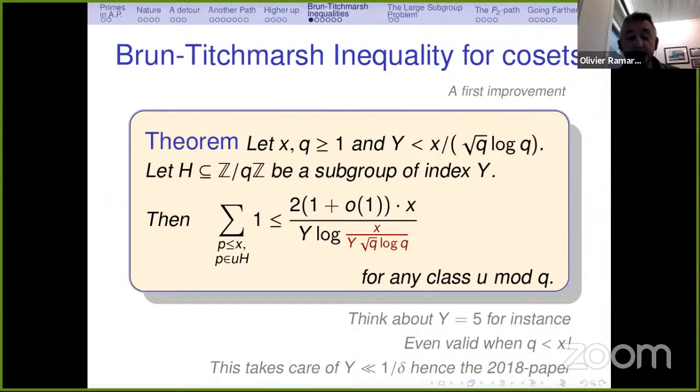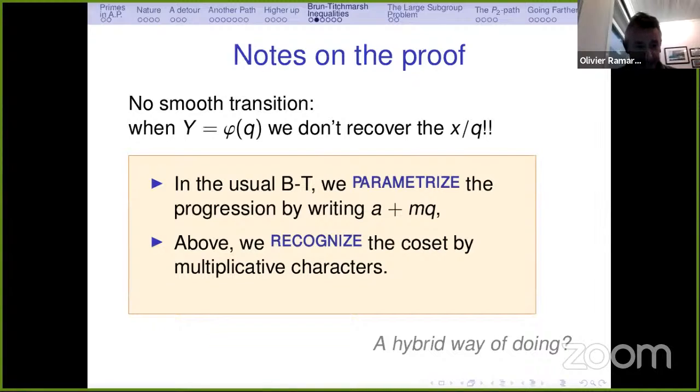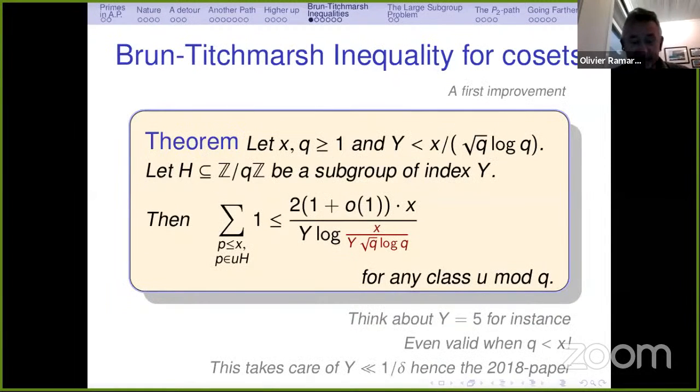What is rather amazing about this result is that it's even valid when q is less than x. In the Brun-Titchmarsh inequality, x has to be larger than q. Here, x can be up to square root of q. I mean, a bit larger. Okay, some notes on the proof. First, the Brun-Titchmarsh inequality you recover when y is a subgroup of index phi of q. y is 1.